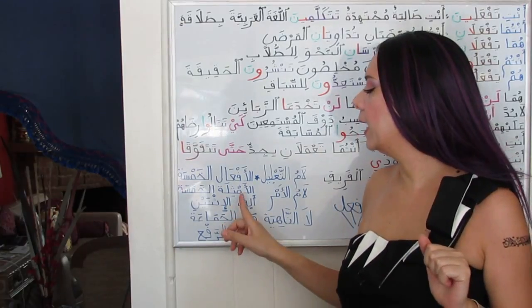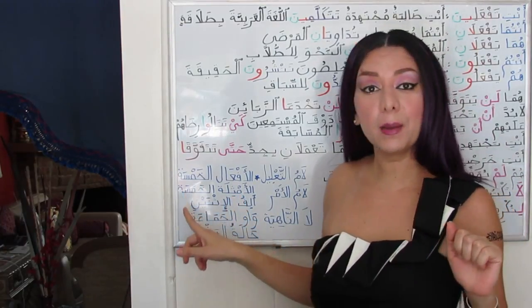So the 5 verbs الأفعال الخمسة are formed according to one of the 5 following patterns or templates. Yeah, you may consider them as templates. They are also called the 5 examples. الأمثلة الخمسة.